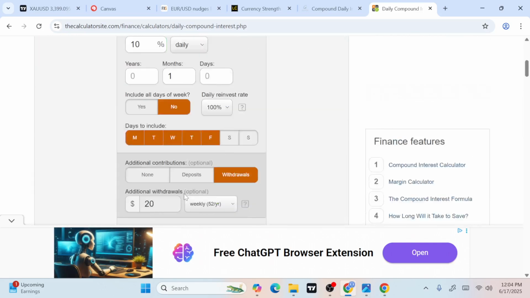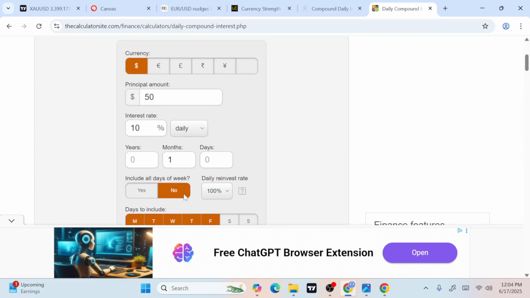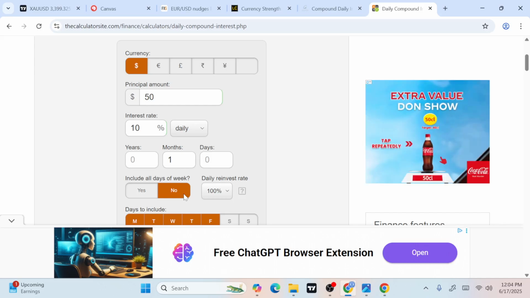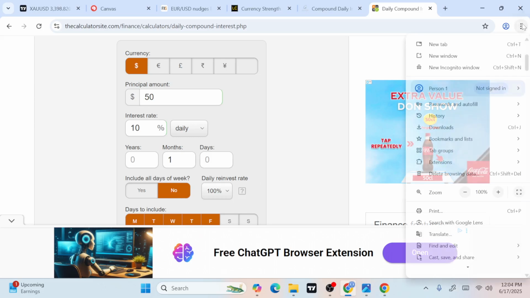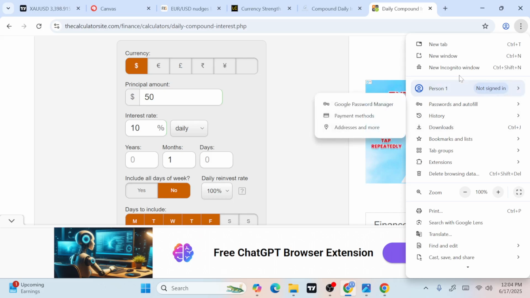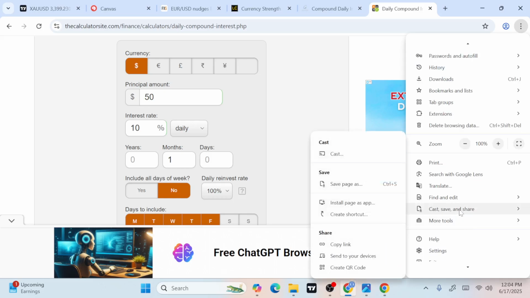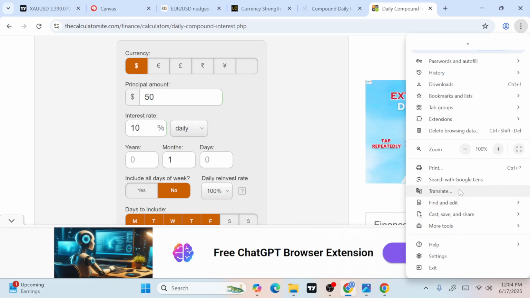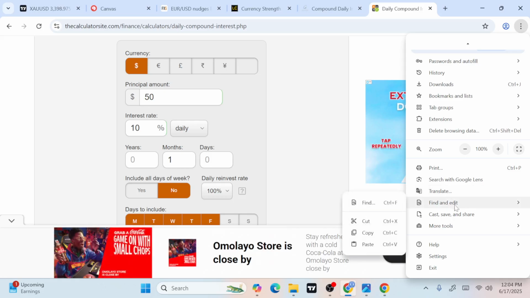It's a site. So you can save the site on your phone. On phone you can save it to desktop.